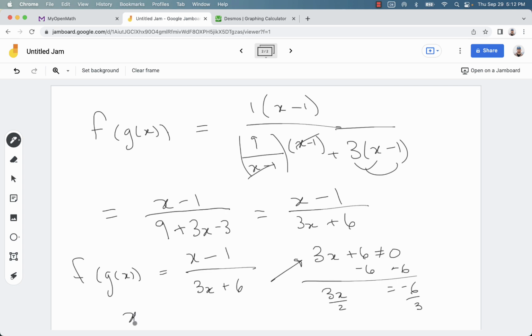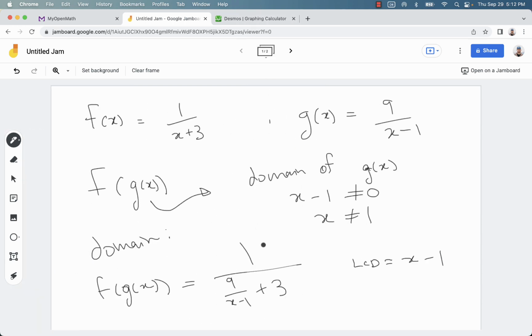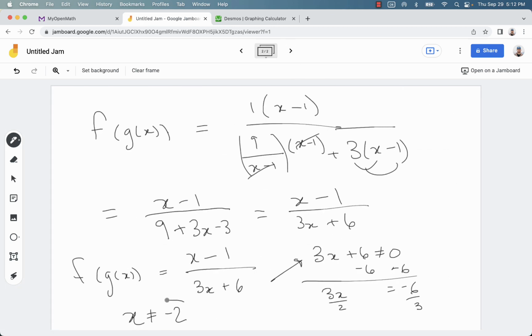So x cannot be -2. And all the way back here, x cannot be 1. So our domain should be everything except, why don't I just add it to here? X cannot equal -2 or 1.